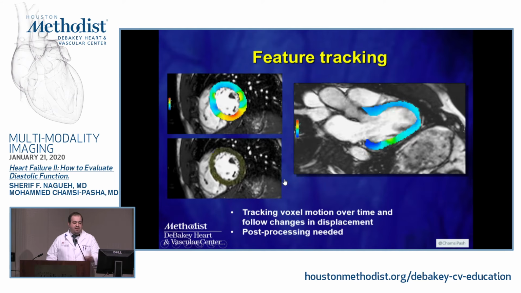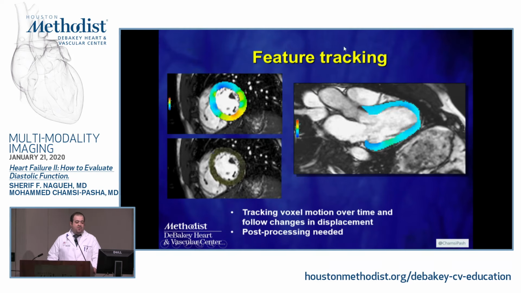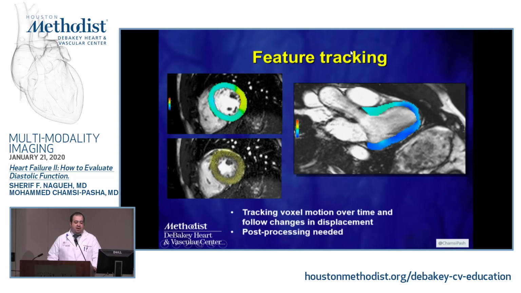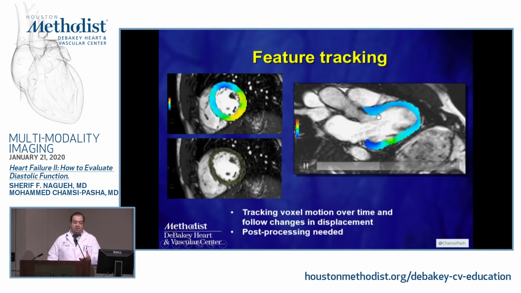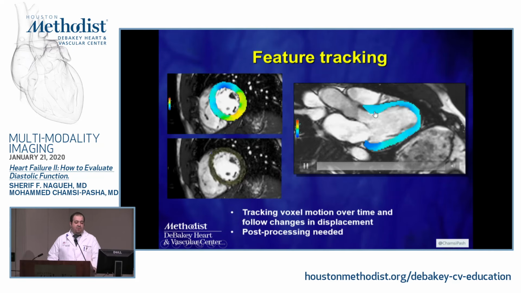So over the past few years, we've had an emerging technology on CMR called feature tracking, where a post-processing software is able to track voxels inside the myocardium, tracking the motion of these voxels over time.